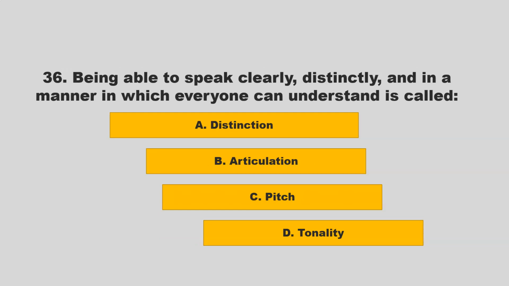Being able to speak clearly, distinctly, and in a manner in which everyone can understand is called distinction, articulation, pitch, tonality. If you chose B, articulation, you are correct.